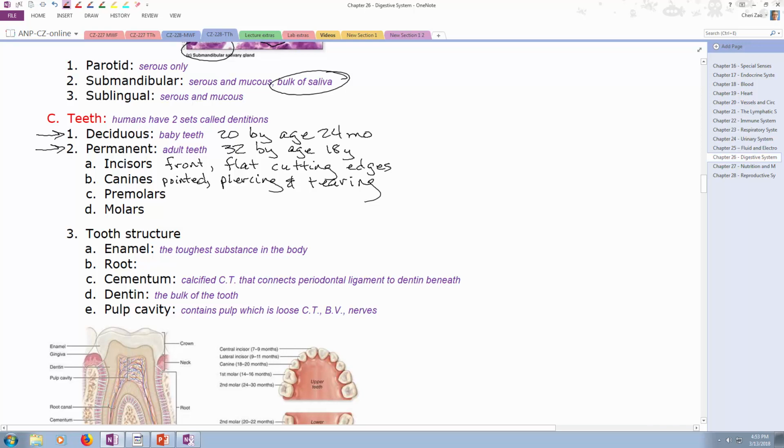As we go posteriorly, we'll come across our premolars, often referred to as bicuspids. And so they have a surface that is designed for grinding and crushing. So 2 cusps. And then we have most posteriorly the largest, which are our molars, and they are best for grinding and crushing.